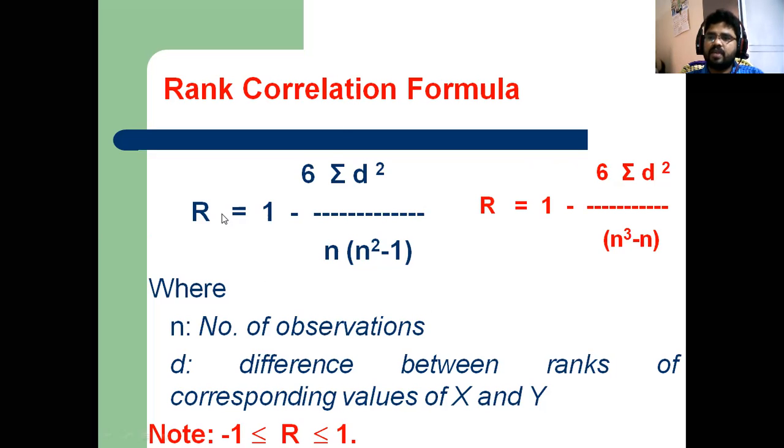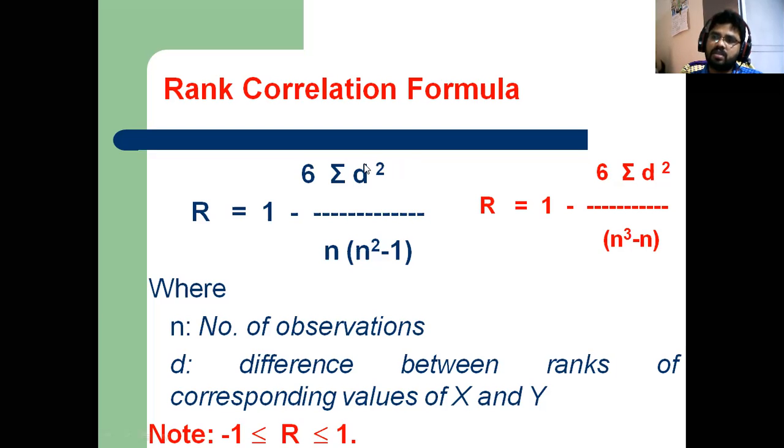Here we need to understand that 1 is a numerical number, 6 is a numerical number, and then the summation or sigma. Here d is the deviation, nothing but the difference between the ranks of the two variables, x variable and y variable. After calculating d, we square it, that is called d square.